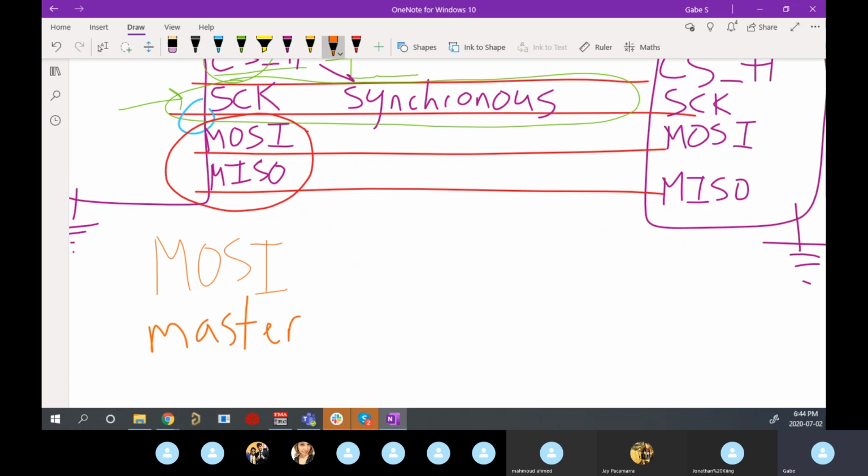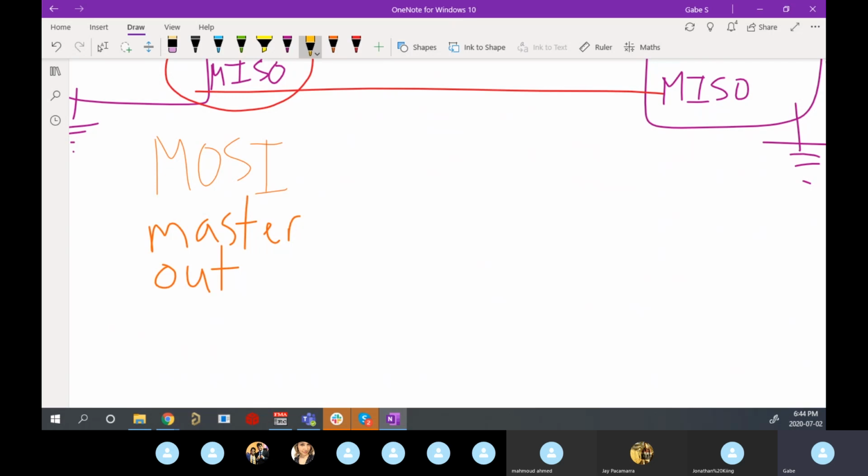So it tells you where it's leaving from. Slave in. Tells you where it is going. I think I included the L here, mostly.